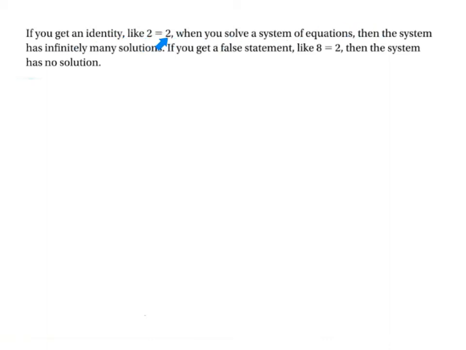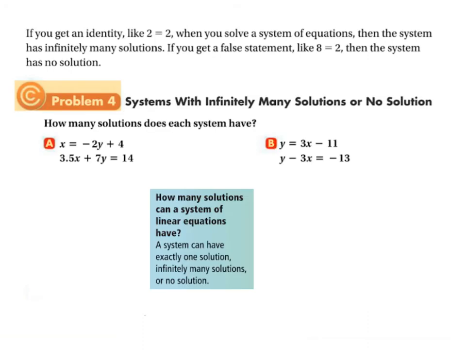It means when it's true, there's infinite solutions, okay? But if you plug in one variable with what it's worth in terms of the other variable, and the second variable disappears as well, and you get something false, like 8 equals 2, then it is no solution. Okay, so that looks like this.